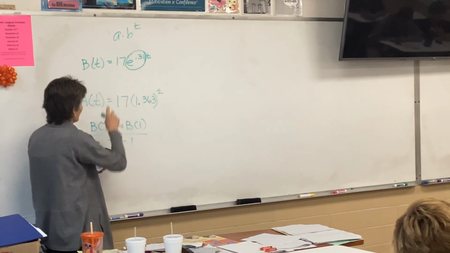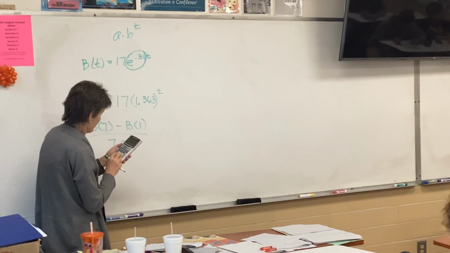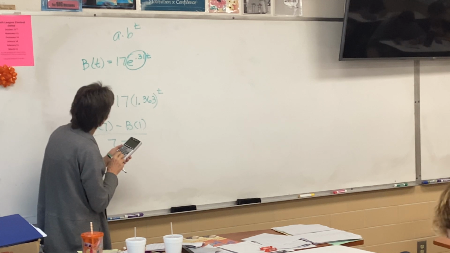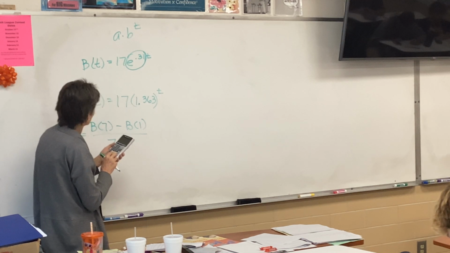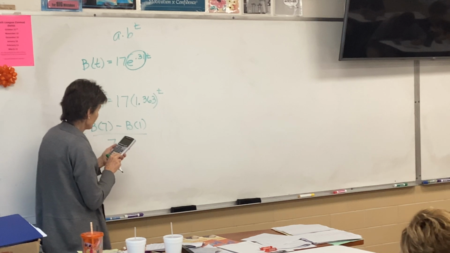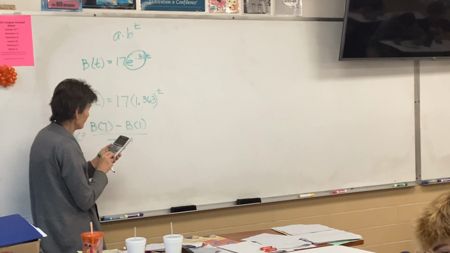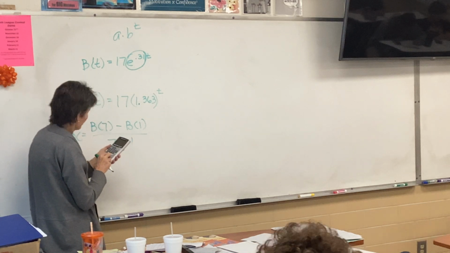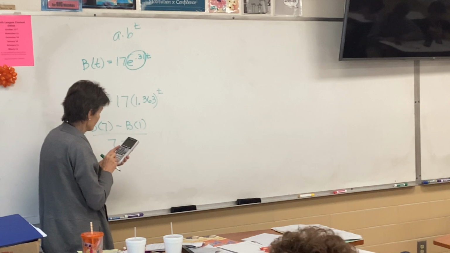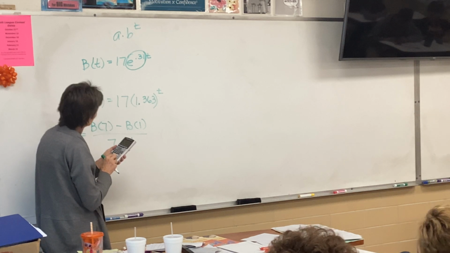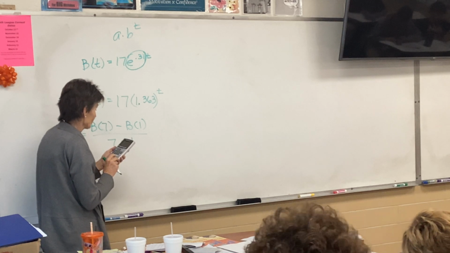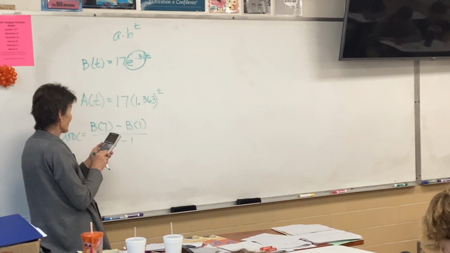So B of 7, I'm going to go ahead and subtract B of 1, and I'm going to go ahead and divide that by 6.